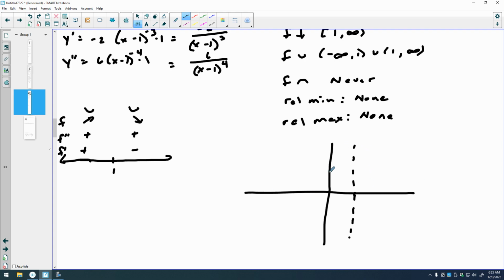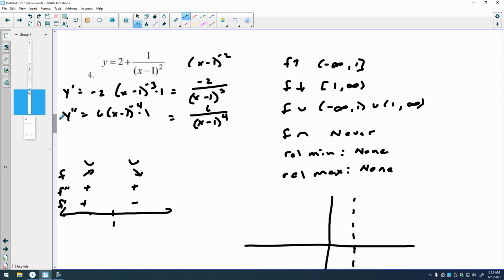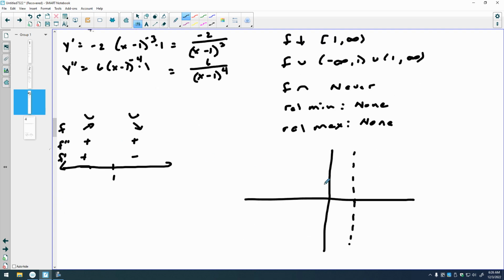It is increasing on this side. It is decreasing on this side. But what's happening as we get big or small? As x goes to infinity, this goes to 0, and 2 plus 0 is 2. I have a horizontal asymptote at 2.